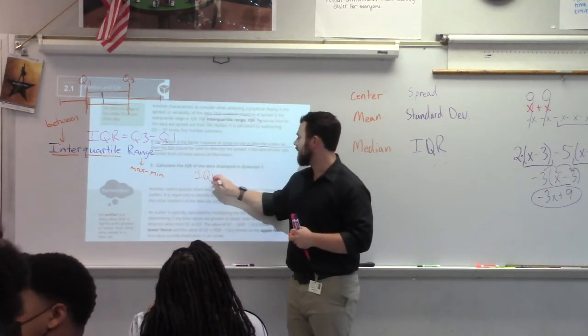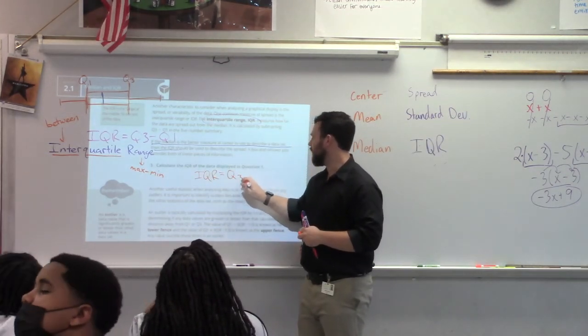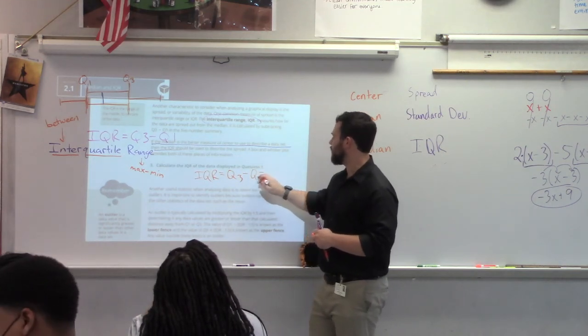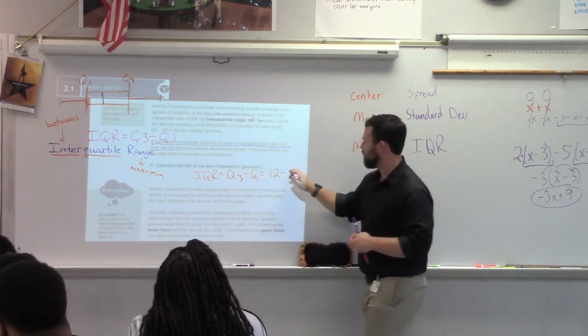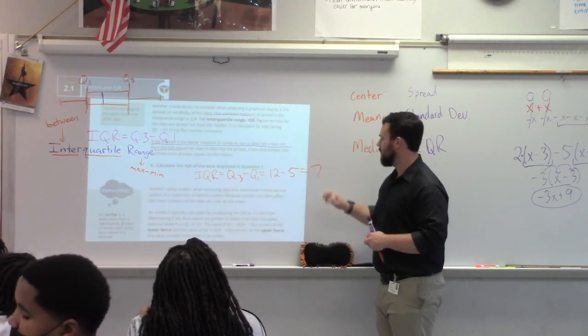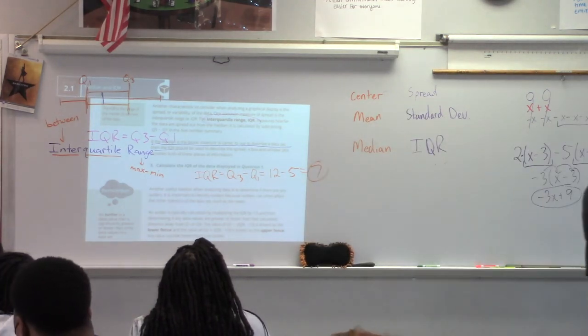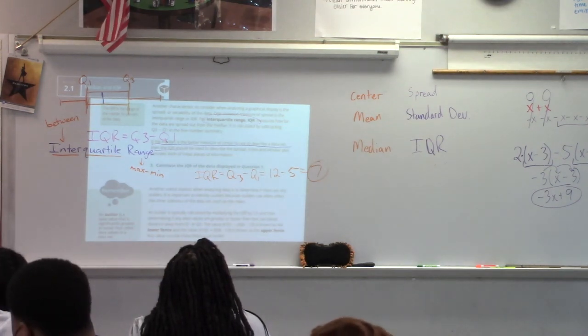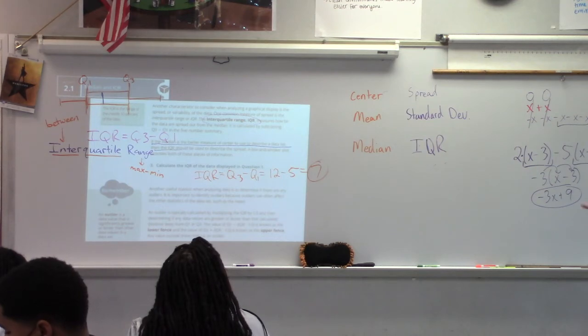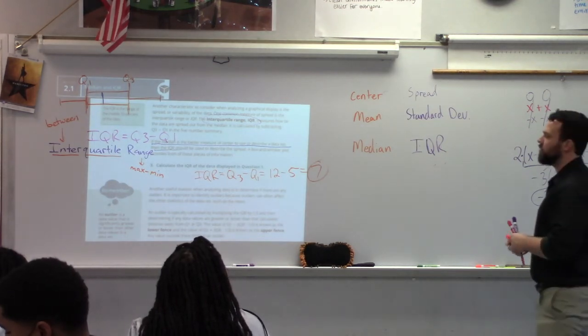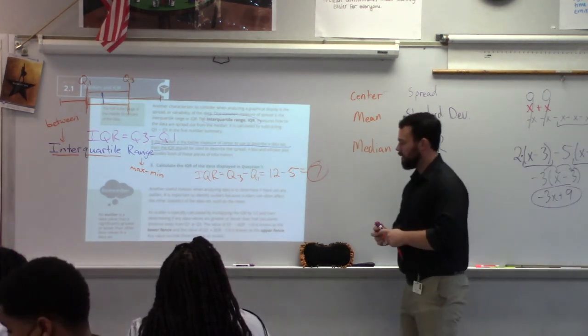How do we calculate that? Q3 minus Q1, which is 12 minus 5, which is 7. You need that IQR to figure out if you have outliers. That IQR defines outliers, or will be used to define outliers.